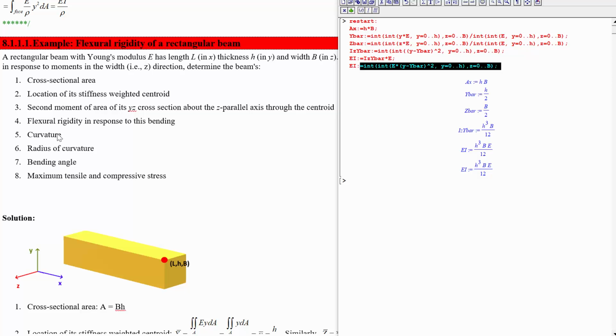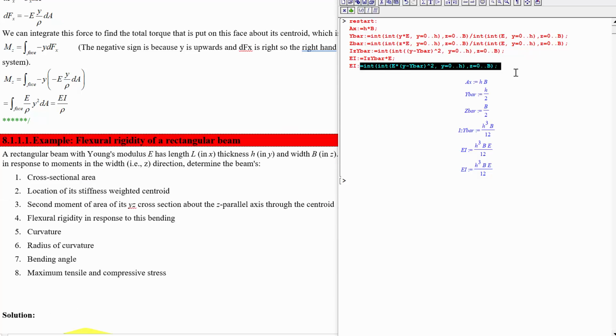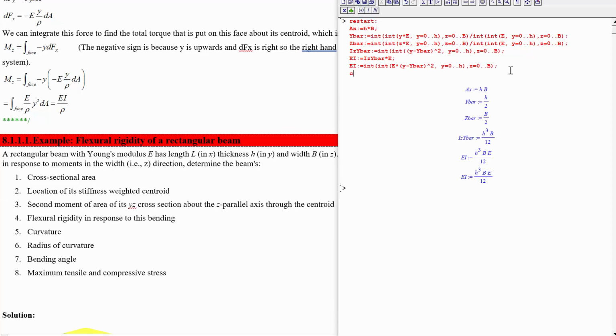To find the curvature, we're going to make use of the formula that the moment is equal to EI times the curvature. So then the curvature is just equal to the moment in Z that we're applying divided by EI. And that's it.